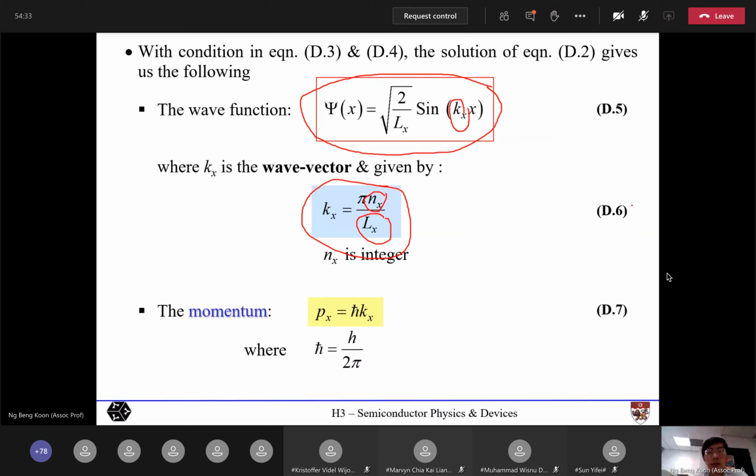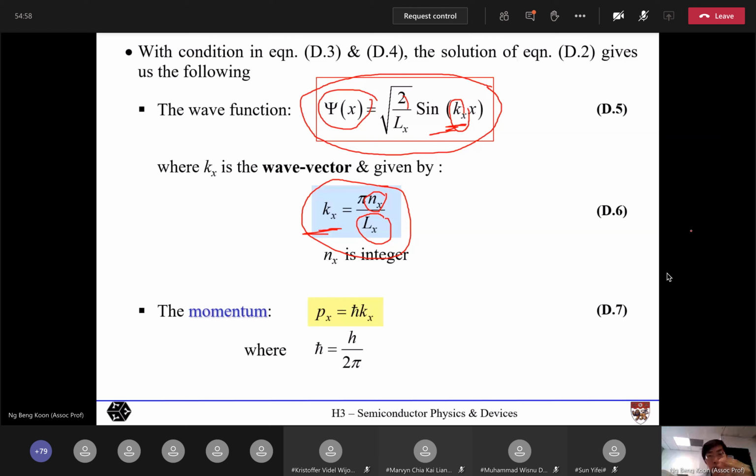And this wave vector, you can think of it as like a vector direction for the electron. So n is some integer value, which means that k can take a range of integer-based values, and which means that for the wave function there can be many different solutions depending on the kx value or the nx value.